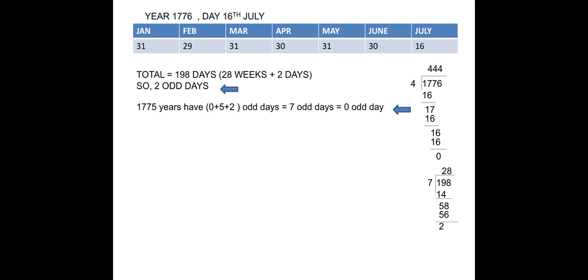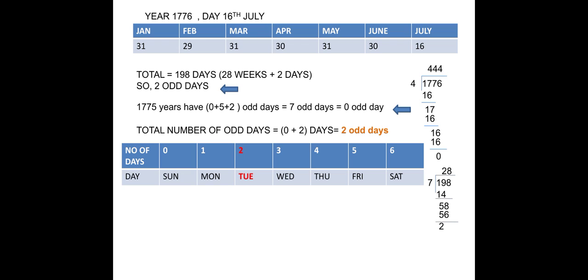So total number of odd days is 0 plus 2 days. It comes 2 odd days. We have already discussed the number of odd days, so if we are getting 2 odd days, it comes as Tuesday. So our answer is Tuesday.